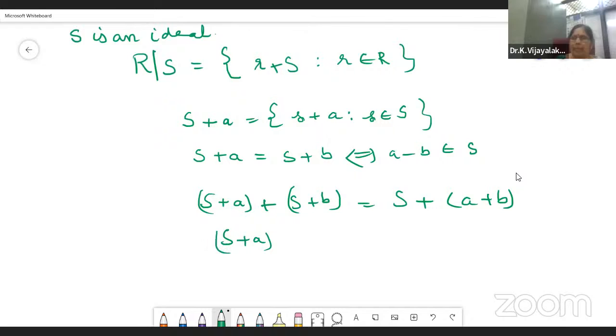Similarly, (S plus a) into (S plus b) as S plus ab.